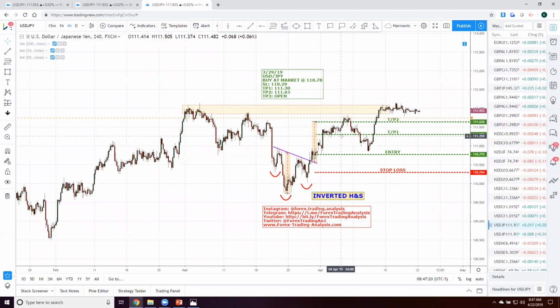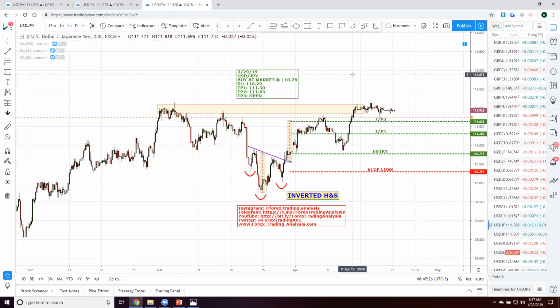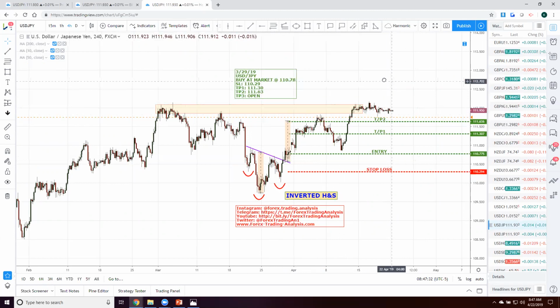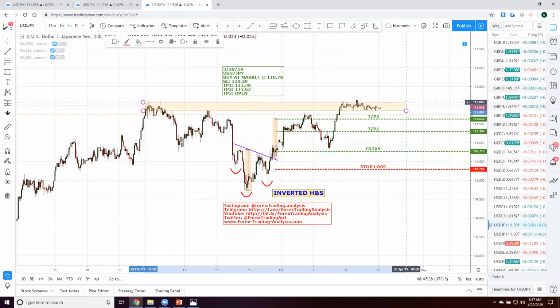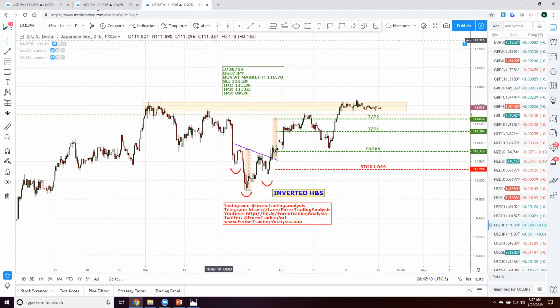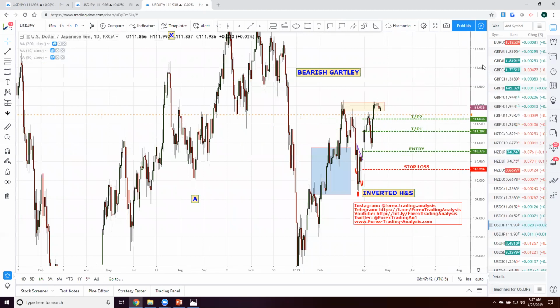Still have one remaining position open, so we were long at 110.78. Currently at 111.92, so 120 pips. We hit both targets, and then we had the open position still running. So currently been consolidating in this big resistance area on the 4-hour.